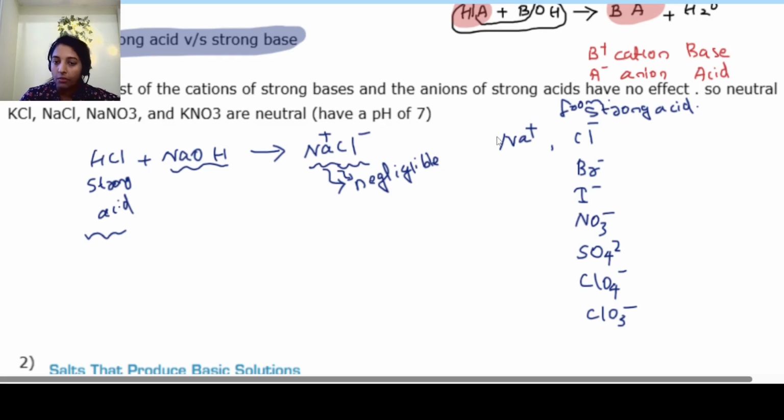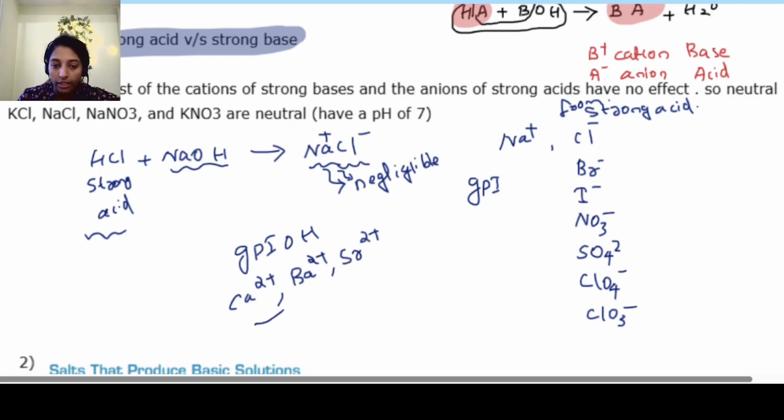As I told you, anions always come from acids. Similarly, what are the strong bases? Group 1 hydroxides are strong bases. Similarly in group 2, calcium, barium and strontium hydroxides are also strong bases.